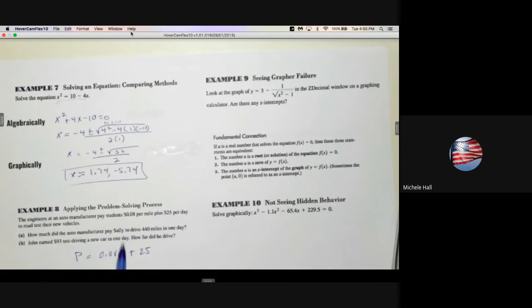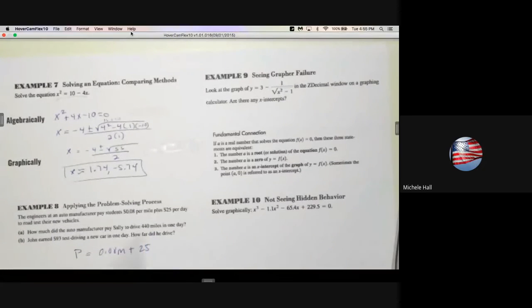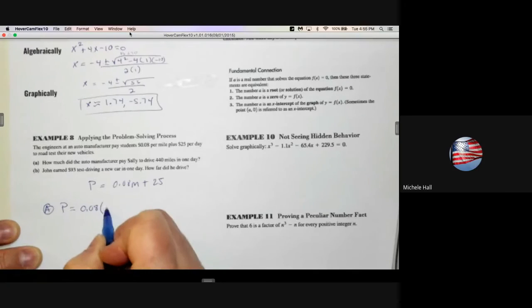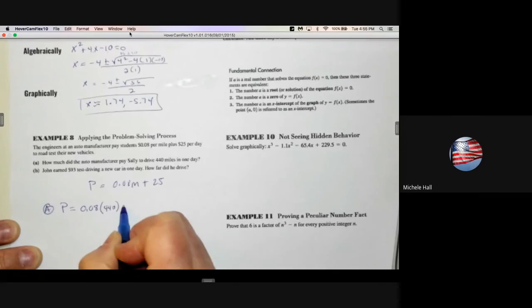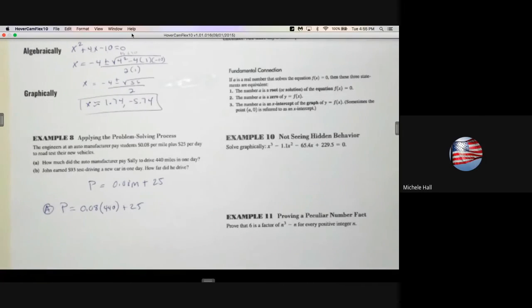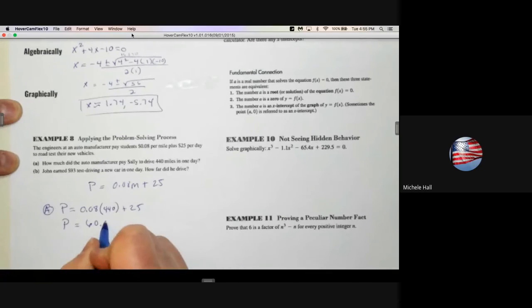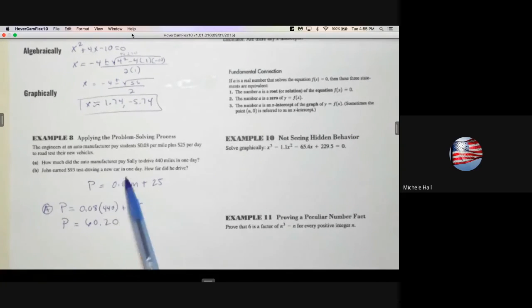And she drove 440 miles. So part A would be 0.08 times the 440 miles plus the flat fee. We're looking at the pay would be $60.20.